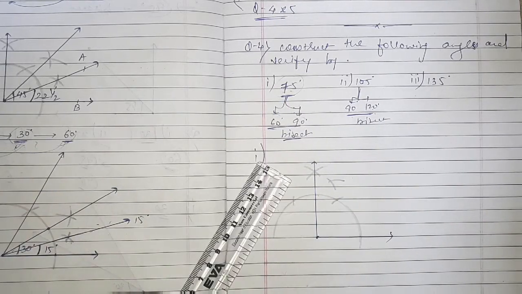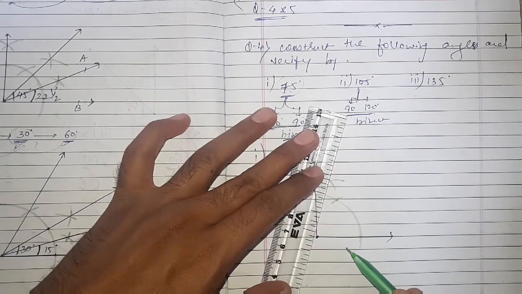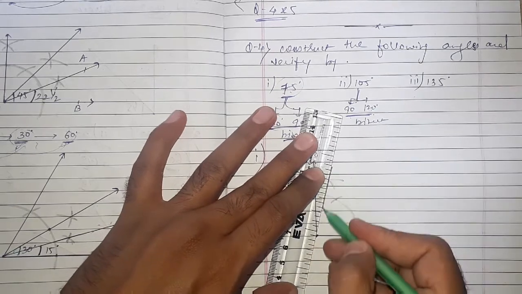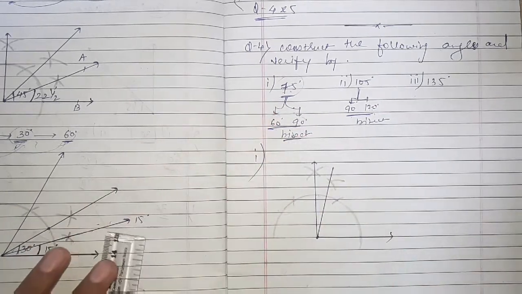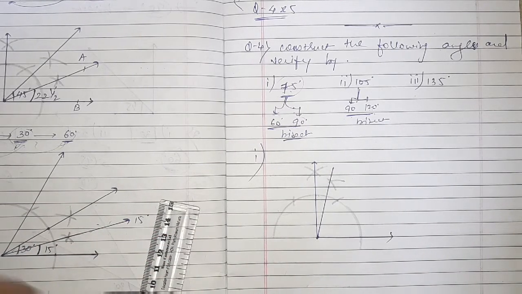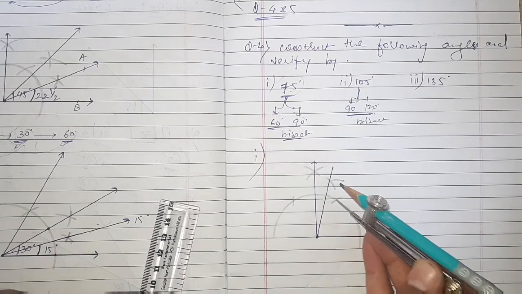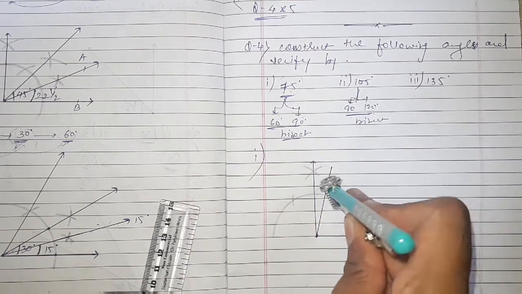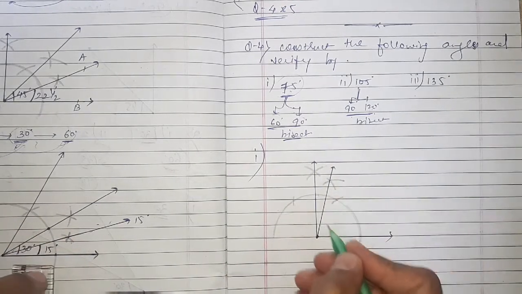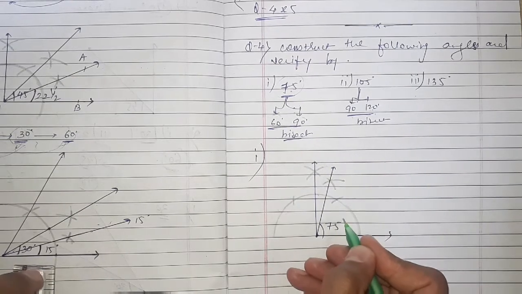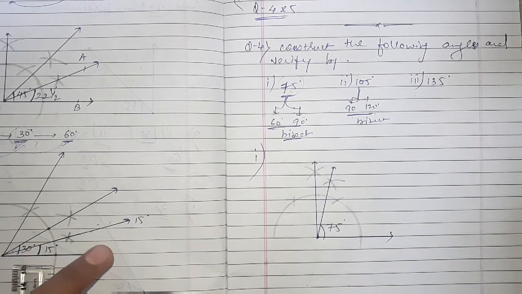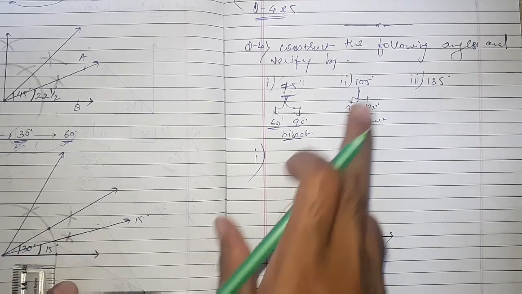Both of the arcs join at an intersection point. Join the intersection point of both arcs with the ray. Clear? So your 75 degree is constructed. Now we have to move on to the 105 degree.